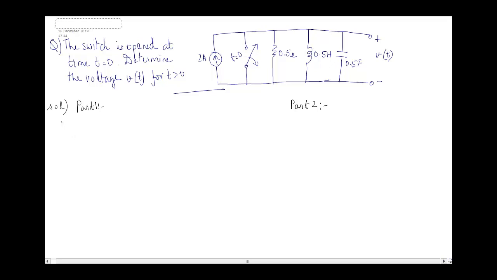In part 1, as we can draw here, it is a current source of 2 amperes, then the switch is closed, so it is a short circuit, followed by a 0.5 ohm resistor, then an inductor, which in steady state is basically also a short circuit, then a capacitor, which in steady state is an open circuit.